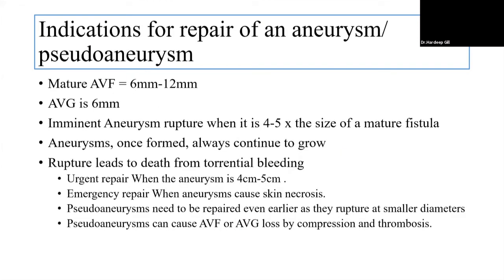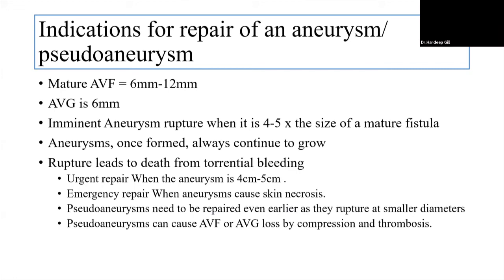So if you look at it, a mature AV fistula is between 6 to 12 millimeters in diameter. An AV graft is about 6 millimeters in diameter. It will never grow more than that. And there's imminent aneurysm rupture when the aneurysm is 4 to 5 times the size of a mature fistula. And aneurysms, once formed, because it is degenerative in origin, will always continue to grow.